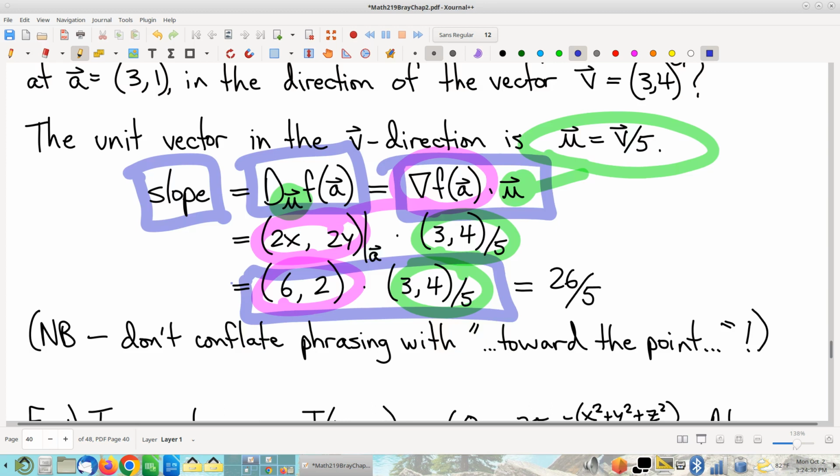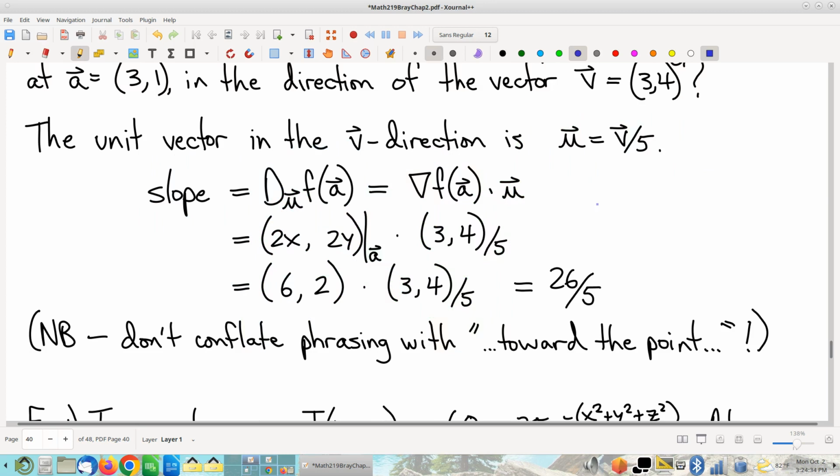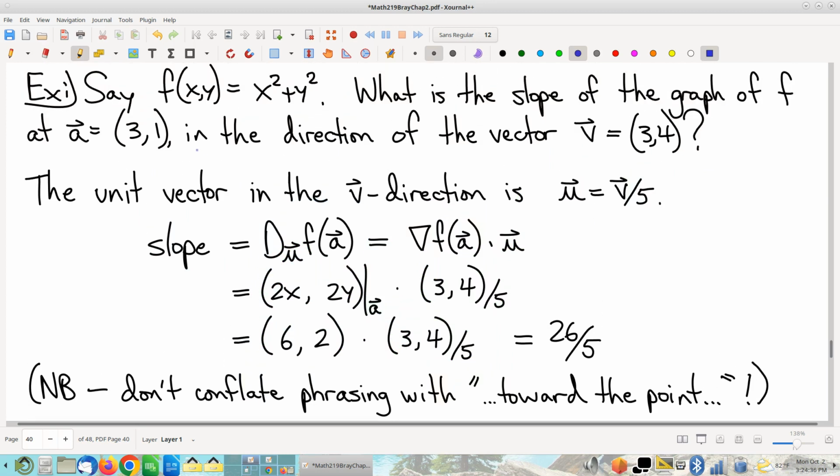All right, now I want to call your attention to a point of language and interpreting what that language means. It says, in the direction of the vector here. It explicitly says vector, but I'm going to point out we don't even really need to have said vector.